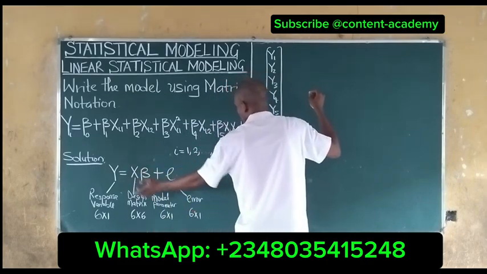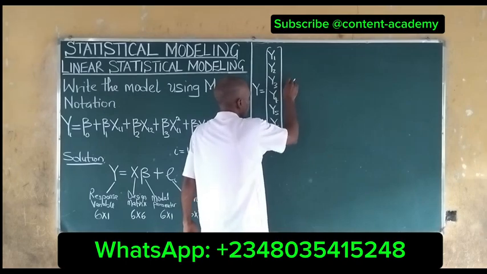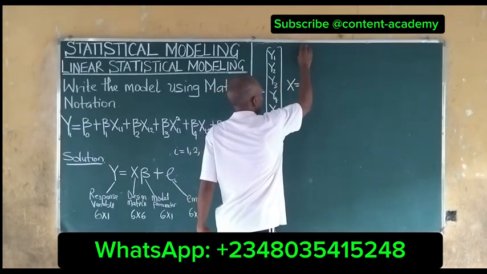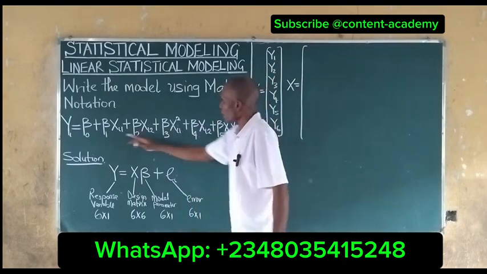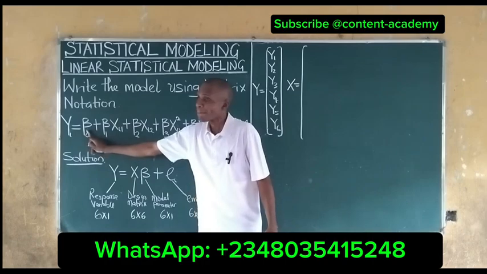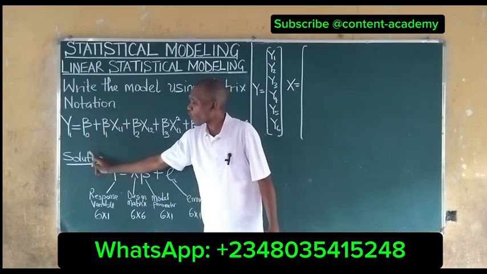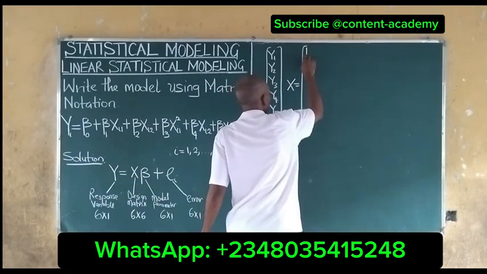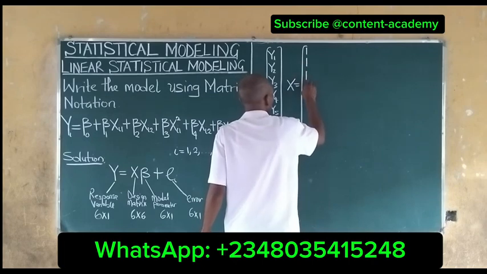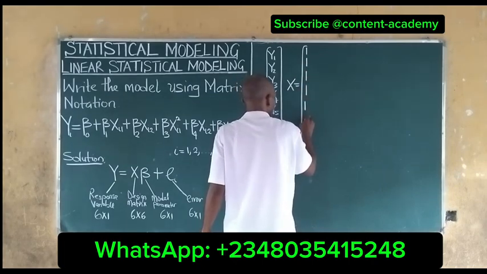The next one is our x, which is the design matrix. Since we have b naught here, the first column becomes 1, 1, 1, like a constant. We have 1, 2, 3, 4, 5, and 6.